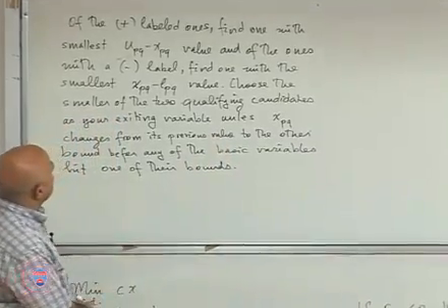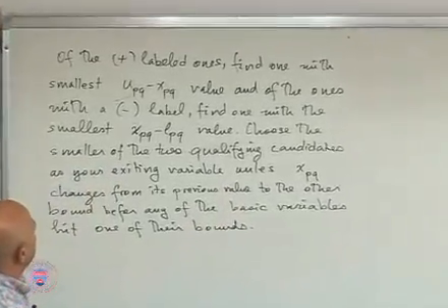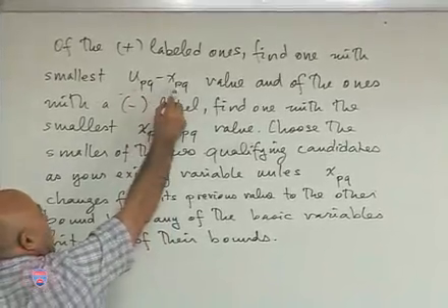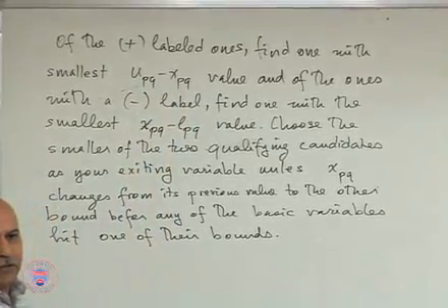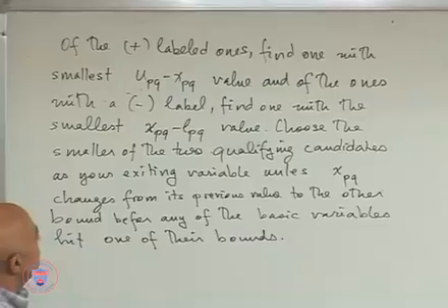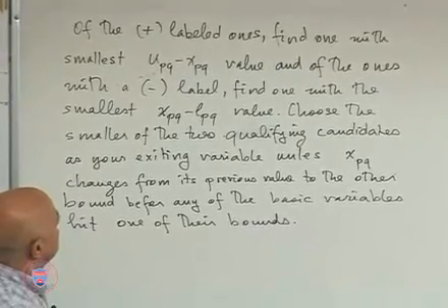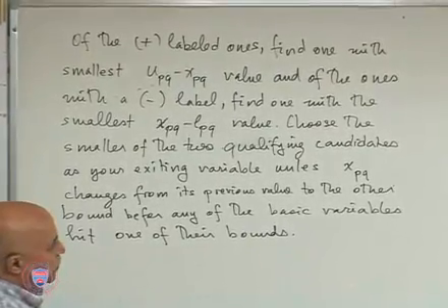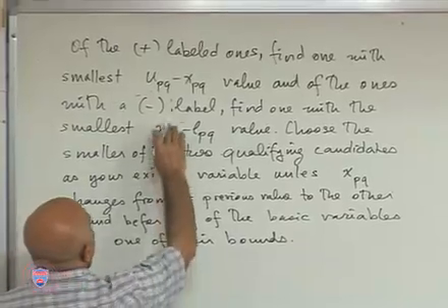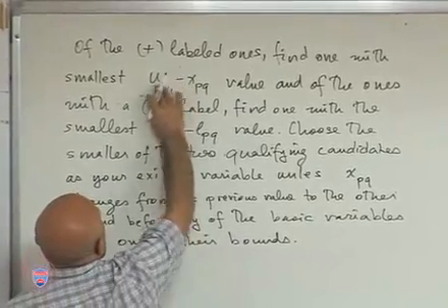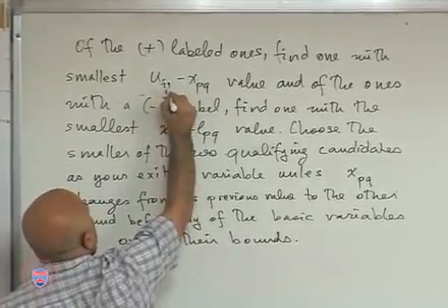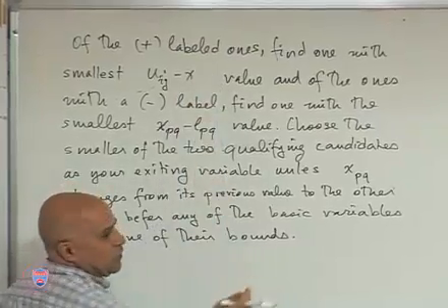All right, so of the plus labeled ones, find one with the smallest upper bound minus current value. That's how much that particular one can increase. Oh, PQ. We don't have a PQ here, sorry. I should say IJ here. PQ is the one that we entered.